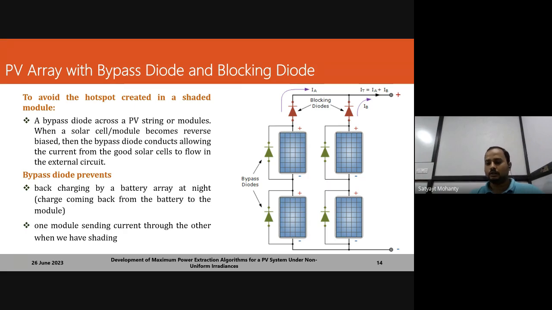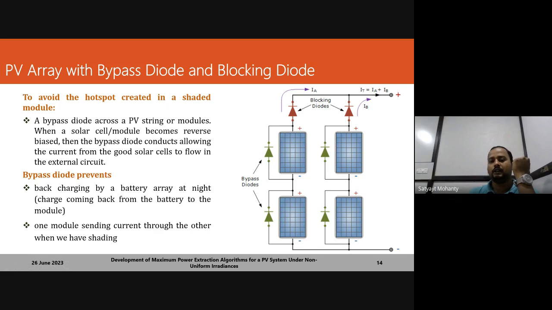What do they do? Suppose we have a panel, this is panel 1. Due to some conditions, it is receiving non-uniform insolation levels, and the remaining 3 panels are healthy ones. So this first one will act as a load instead of a generator. At that moment, the diode will come into action and bypass the current from the healthy panels to the external load circuit.